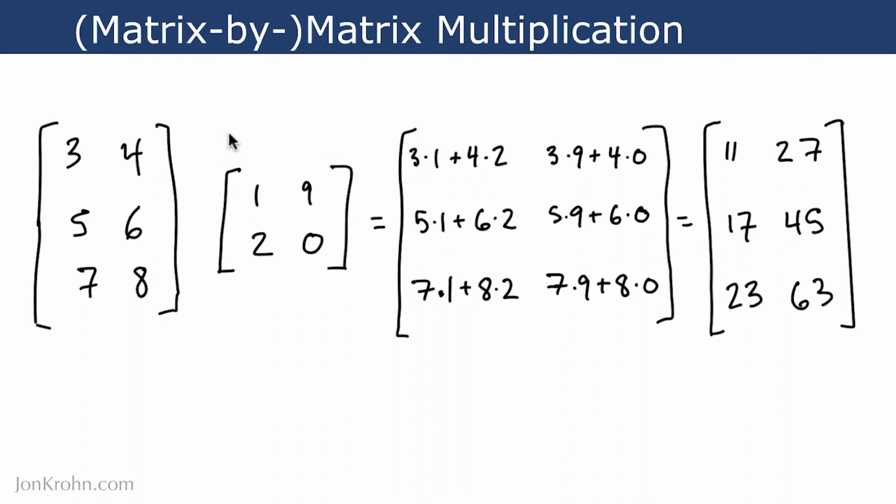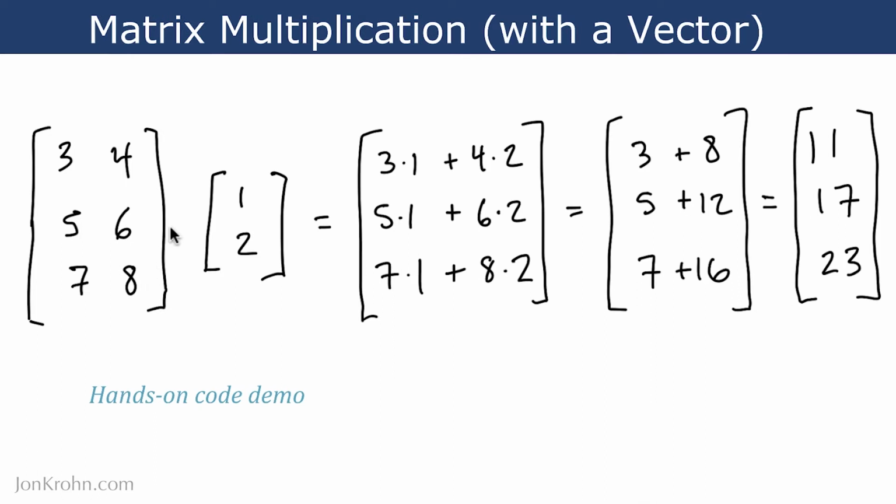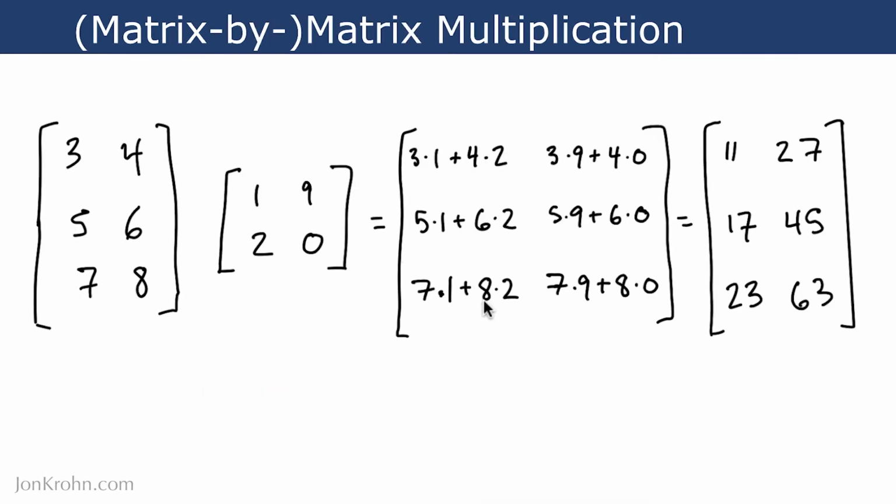And so everything that we do for the left-hand column of the output matrix is identical to the operations that we performed on the preceding slide. So all of this math right here is identical to the math that we're performing in this column here. And so the first column of our output matrix has the exact same results as the preceding slide. So 11, 17, and 23 yet again.